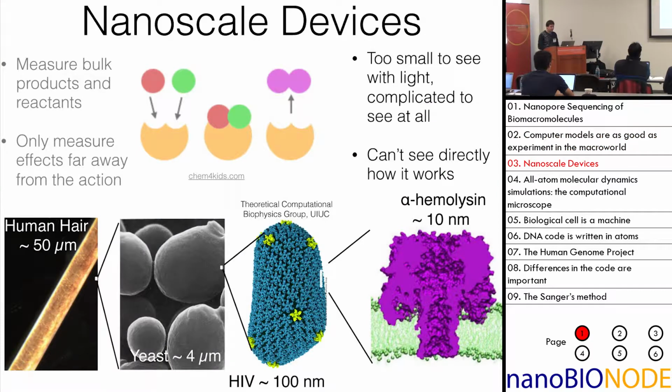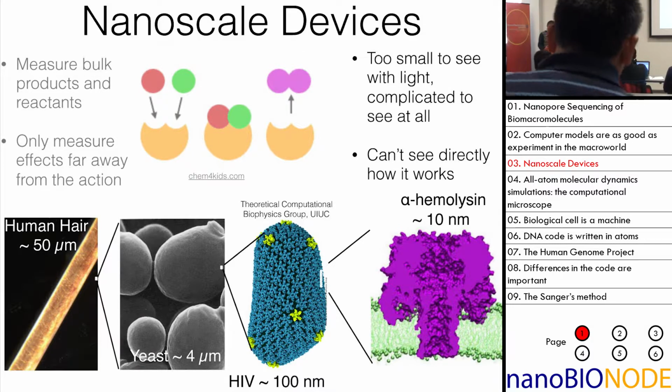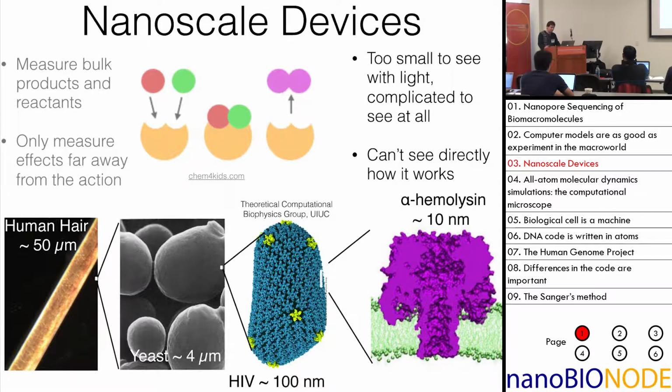Now, if we go to nanoscale devices, the situation becomes a little bit different. Because they're really small, there's a way to image some of the devices using TEM or AFM, but when you go to a scale of a few nanometers, you really don't have a choice. You don't have a good way to look at things, especially at the interface of bio and nano, which usually implies water.